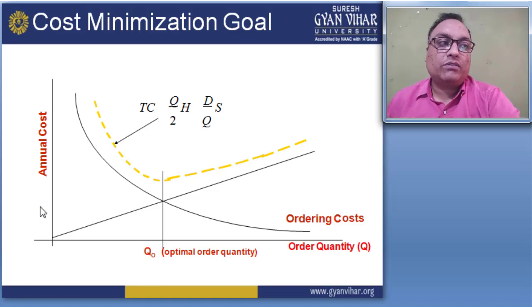The y-axis shows the annual cost, and this is the ordering cost, this is the carrying cost, and this Q0, the minimum total cost value, shows the optimal order quantity. So the optimal order quantity.